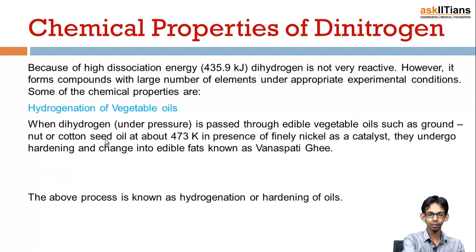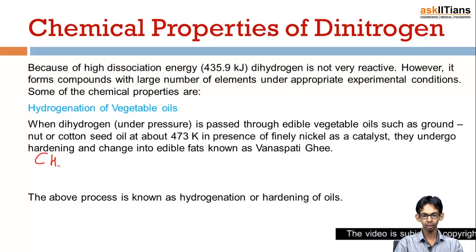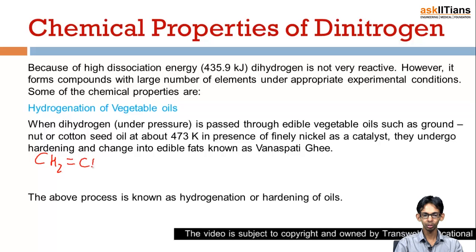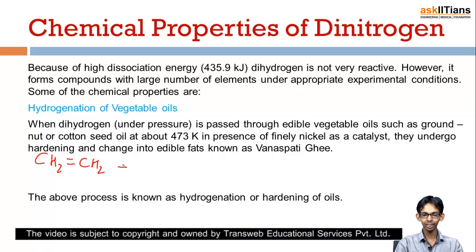There is another chemical property, which is known as hydrogenation of vegetable oils, and it involves the conversion of unsaturated hydrocarbons into saturated hydrocarbons, or we can say the conversion of liquid into solid fat, or conversion of vanaspati oil into vanaspati ghee. We have CH2=CH2, which is an unsaturated hydrocarbon.